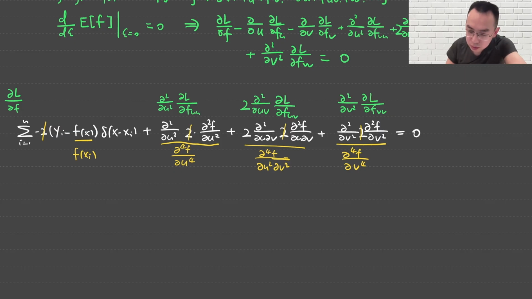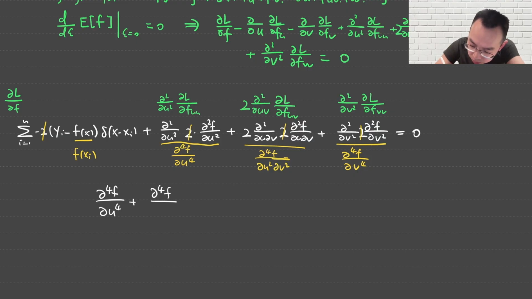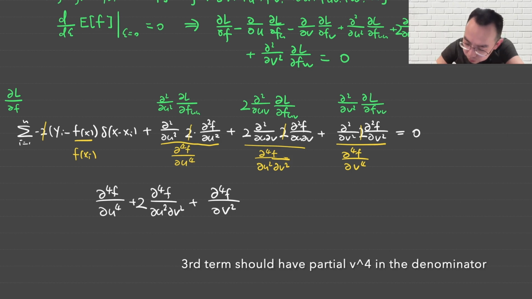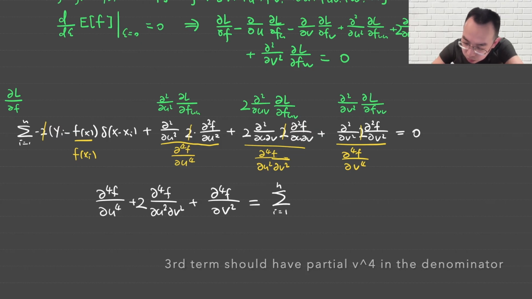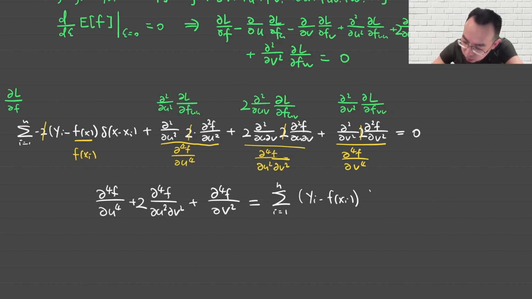So now let's just rewrite it, and the equation is actually not that bad. This is going to be the fourth derivative with respect to u plus the fourth derivative, plus 2 times this, equals, okay, so that is the end result we have.